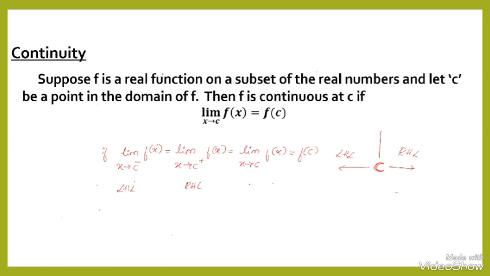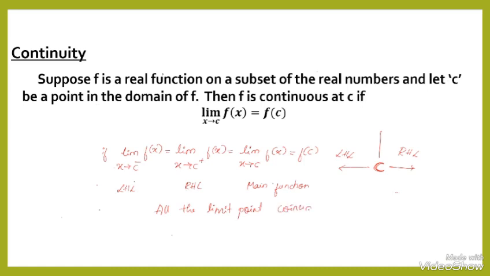All the values, the left-hand limit, the right-hand limit and the main function, are equal. That means all the limit points coincide with each other.